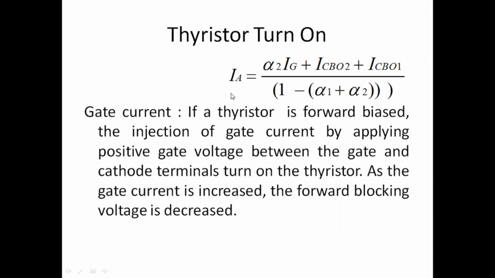Using the two transistor model, we have derived the equation for anode current: IA is equal to (alpha 2 into Ig plus ICBO2 plus ICBO1) divided by (1 minus (alpha 1 plus alpha 2)). Correct?